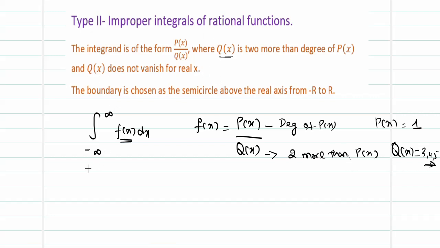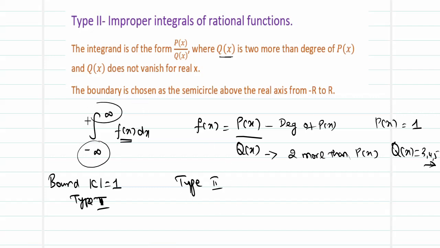In type 1, what we considered as the boundary was our unit circle with center 0, 0 and radius 1 unit. That was for type 1. Type 2 now takes the limit or the boundary as minus infinity to plus infinity.